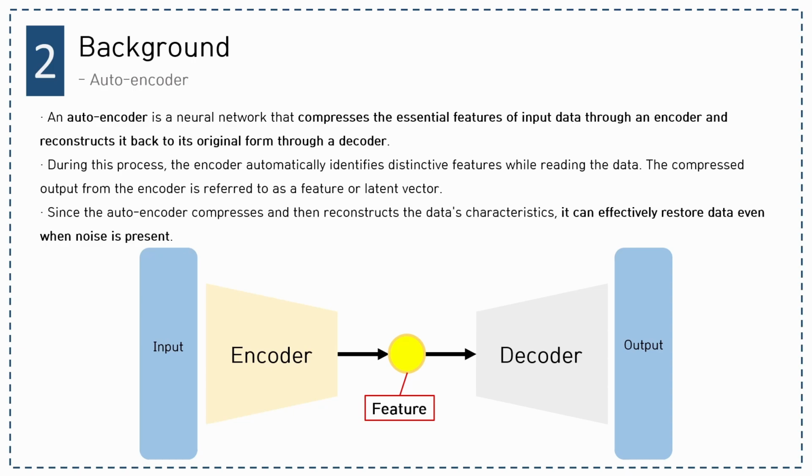The compressed result is referred to as a feature or latent vector. Because the autoencoder compresses and reconstructs key data characteristics, it is effective for denoising noisy data as we have here.